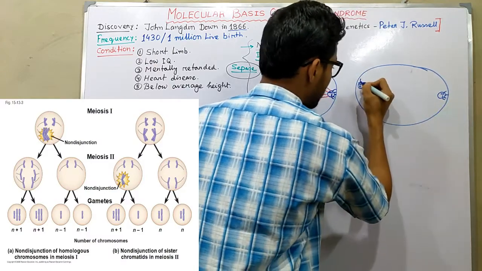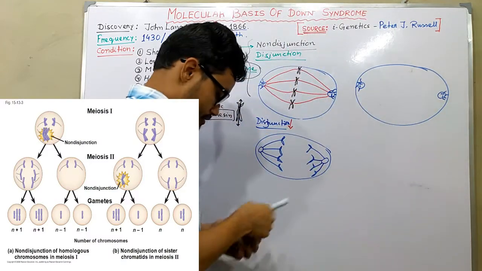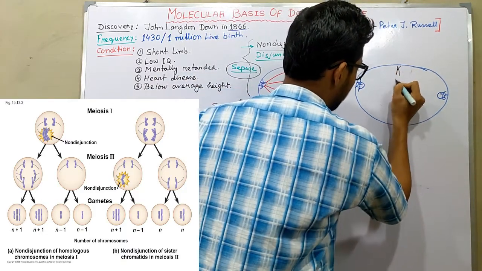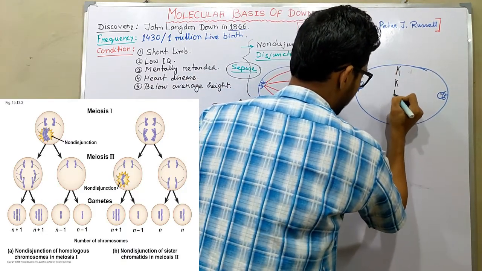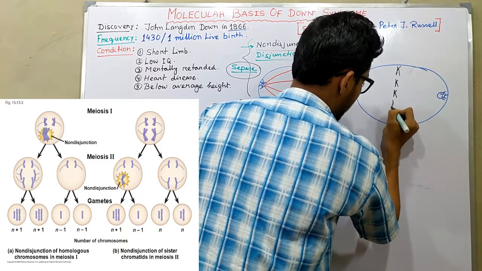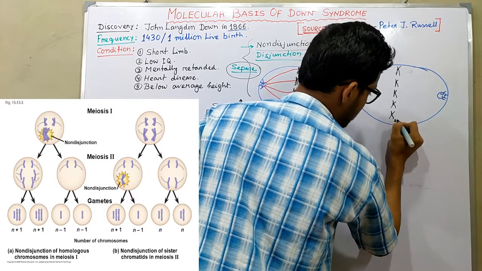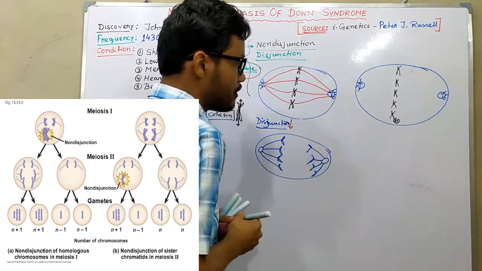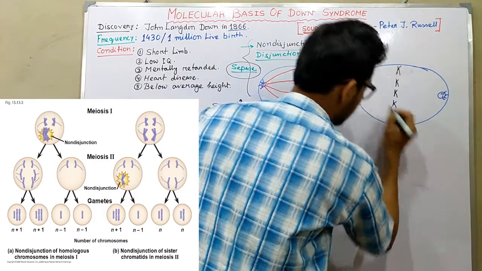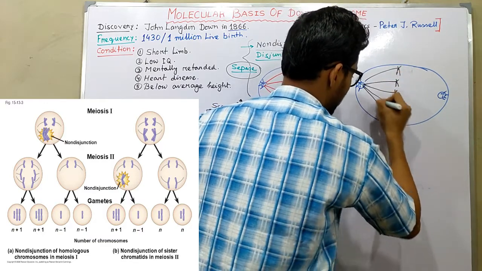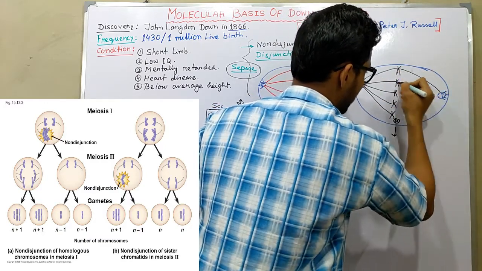So here, the chromosomes are in the metaphase plate structure, and suppose this pair is the 21 pair. During the metaphase to anaphase transition, all are held together with the spindle fibers along with the kinetochore.